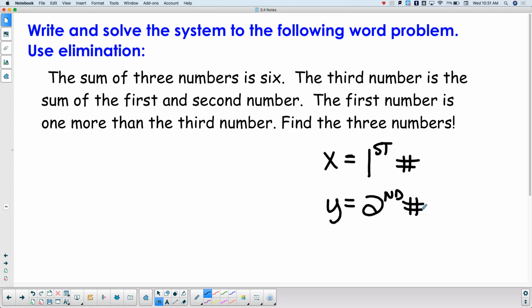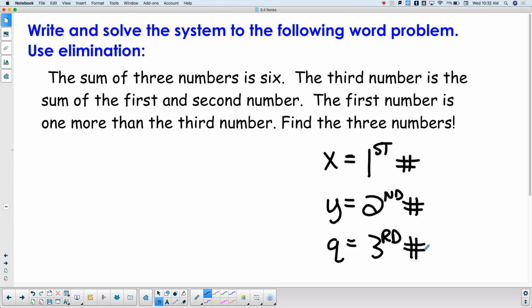And lastly, Q. All right. And what's Q going to be? Third number. Now, if you put Z, that's fine.